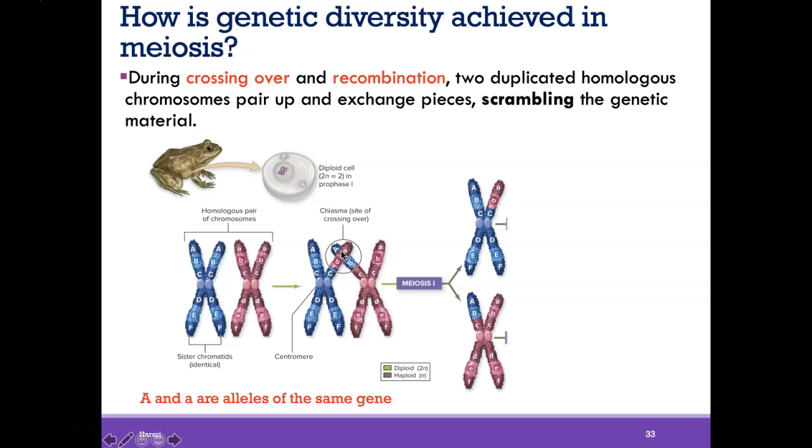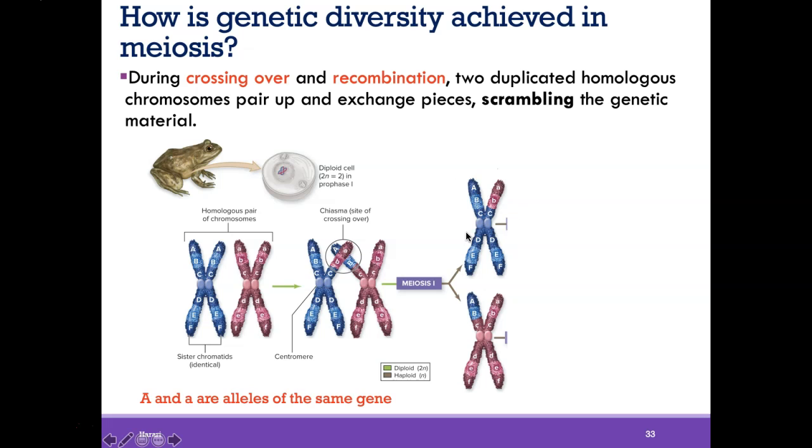And where they cross over, they recombine their genetic information. So what started off as a diploid cell, with one copy from dad and one copy from mom, ended up mixing and matching genes, and then the cell divides.